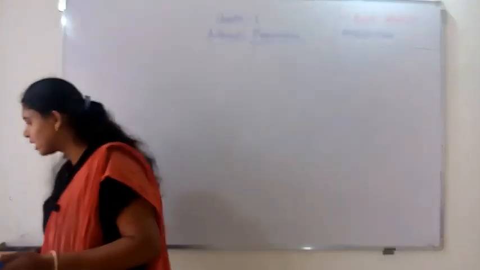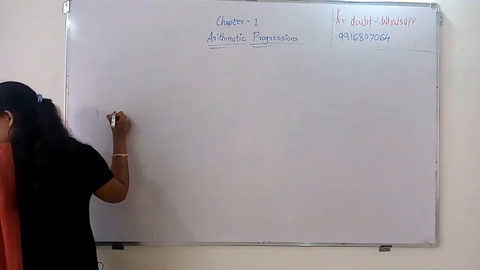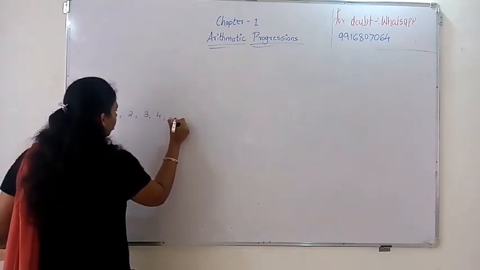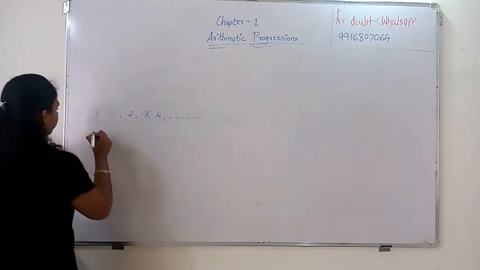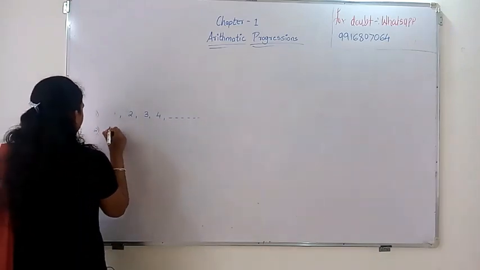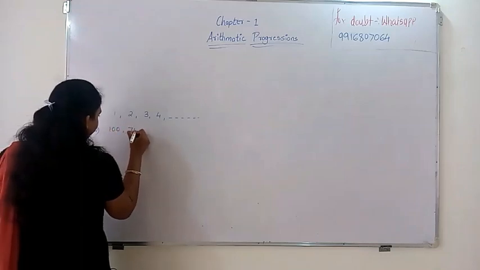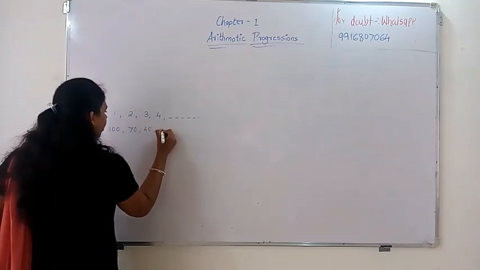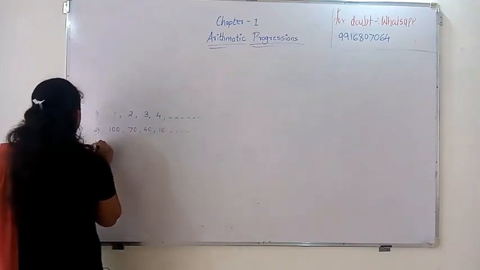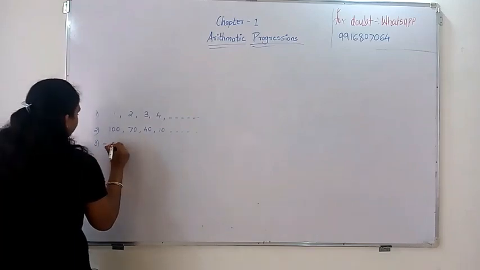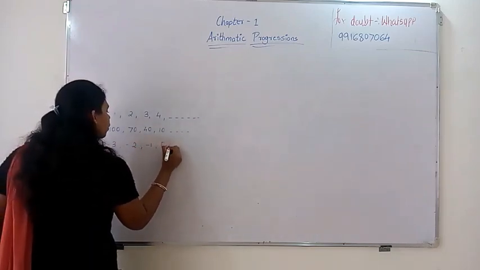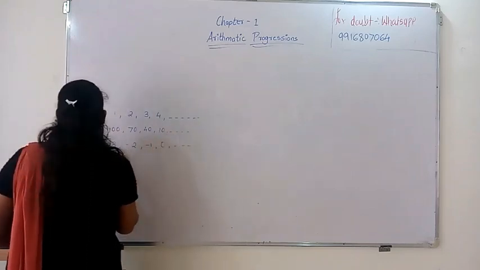So first example: 1, 2, 3, 4, like this. Then second example: 100, 70, 40, then 10, like this. Third example: -3, -2, -1, 0, goes on continuously.